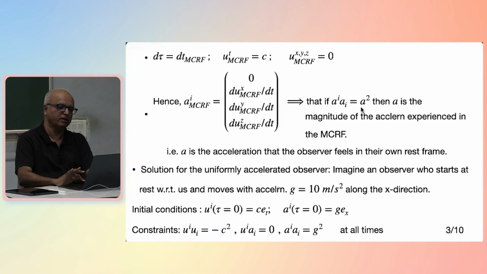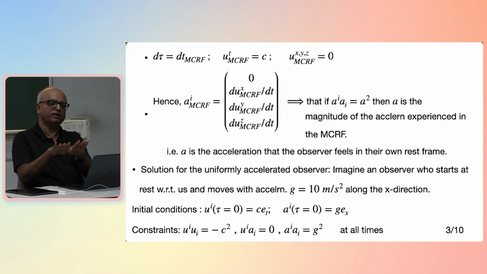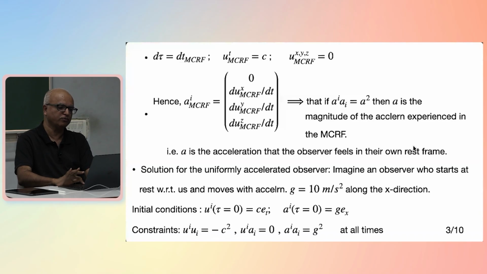It is the same as the magnitude of the 4 acceleration. That is, a is the acceleration that the observer feels in their own rest frame. If you are at rest with respect to the MCRF, that is the same as your own rest frame. In your rest frame, you feel the acceleration a.